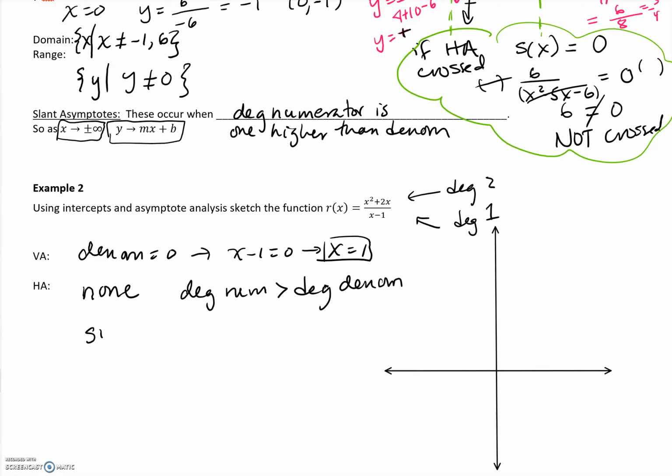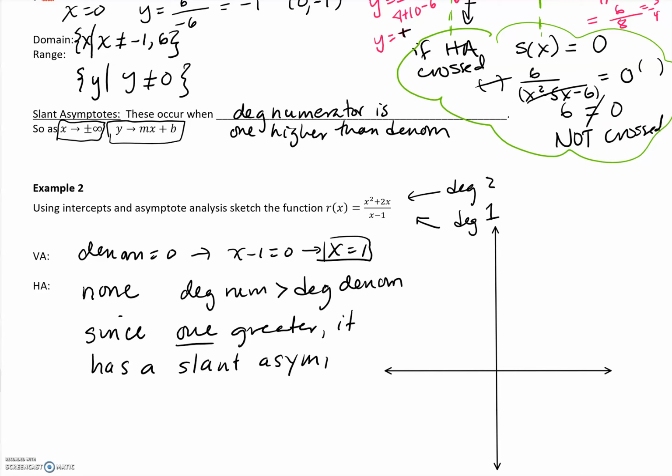But since it's only 1 greater, we're going to say it has a slant asymptote. So again, you need that 1 bigger only. Bottom 1, top 2. Or maybe you have an x to the 4th on top and an x cubed in the bottom. They're off by 1. The top always has to be higher by 1 for you to get a slant.